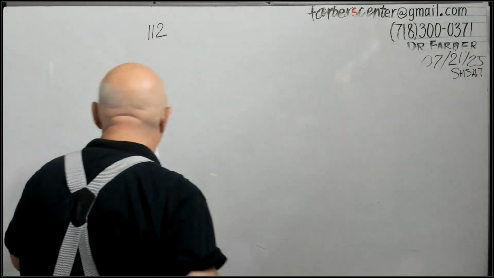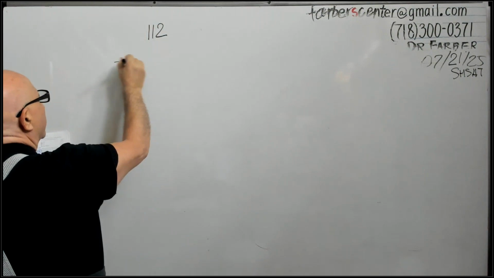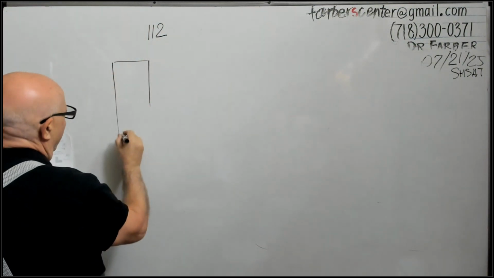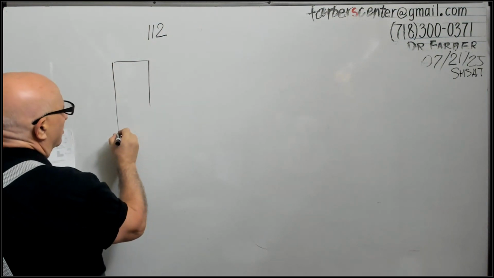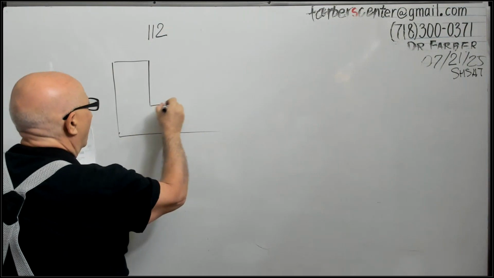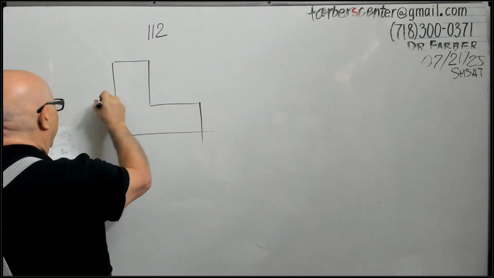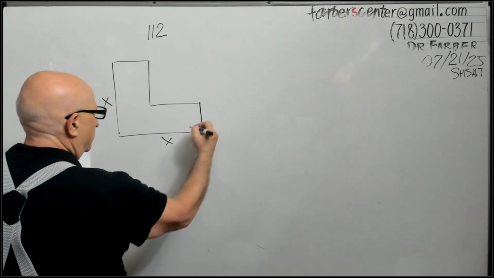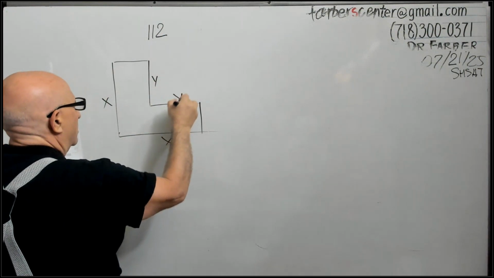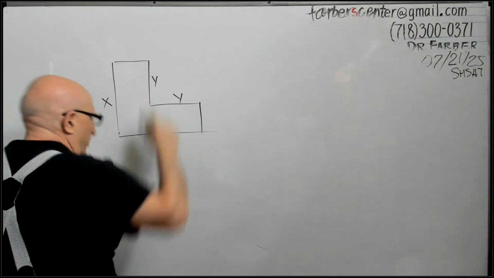In 112, you have the letter L. This is x, this is x. This is y, and this is y. Let me write, to have more room, 1 and 2 here.